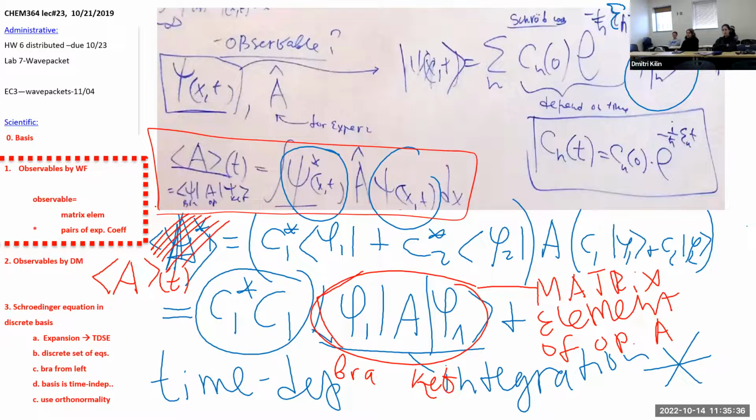And if you want to express the same idea in the language of expansion coefficients, each can be expressed this way. The regular wave function is written as basis function 1, basis function 2, expansion coefficient 1, expansion coefficient 2. Conjugated bra instead of ket for function 1, bra for function 2, and then expansion coefficient star, expansion coefficient star.